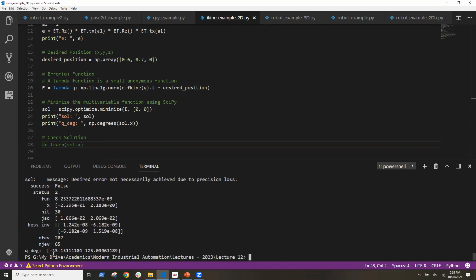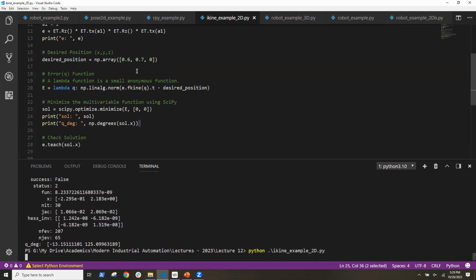So it's saying that it's possible with around negative 13.5 degrees for this joint, and the second joint around 125 degrees here. I should be around that desired position. And I'm going to do a teach here just to show you what that looks like.